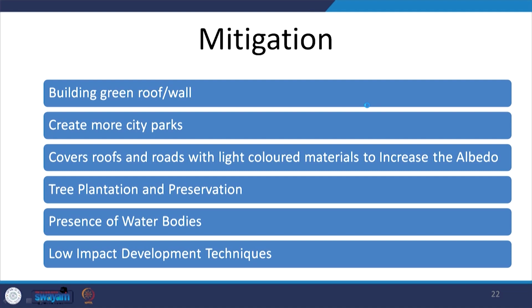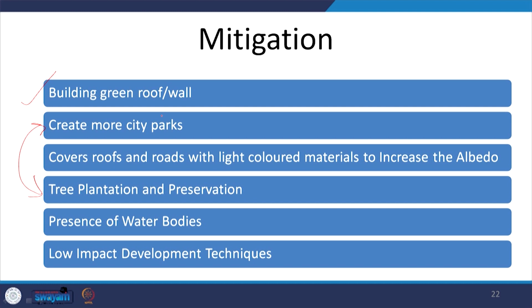One very important one is the green roof or green wall. Here we also have tree plantation and preservation, which is connected to creating more city parks when we are looking at an urban level, a larger development level.